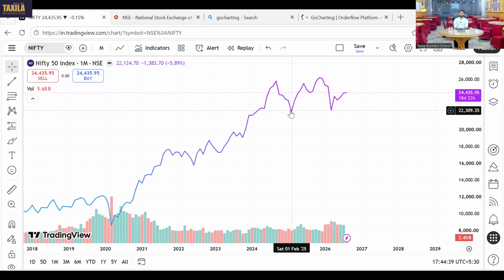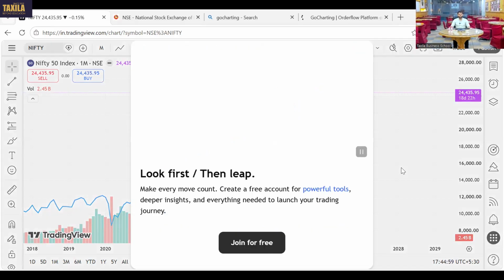Can you write down the price which was there on 1st Feb 2025? In the black box, what's the price? 22,309. Perfect. Okay. Now let me show you something.